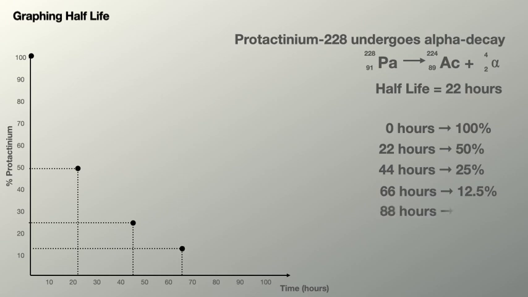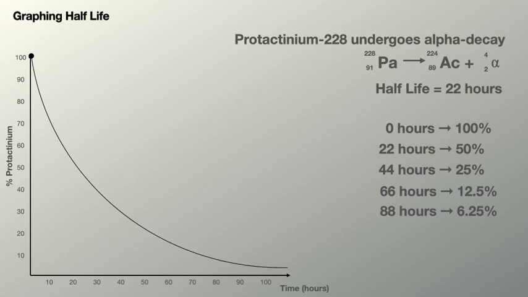And one more, after 88 hours, that's 4 half-lives, 4 lots of 22, you've got 6.25% left. That's half of a half of a half of a half. And we'll plot that as a graph. Now that shape of graph is absolutely typical for radioactive decay, so get used to that.